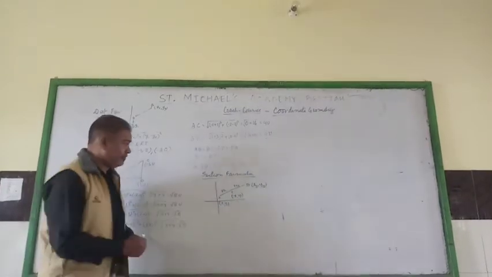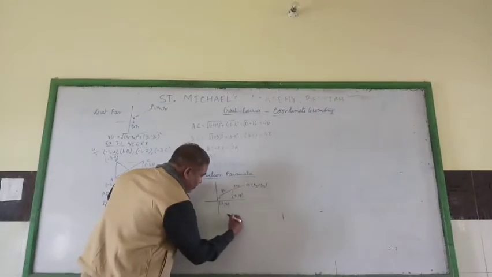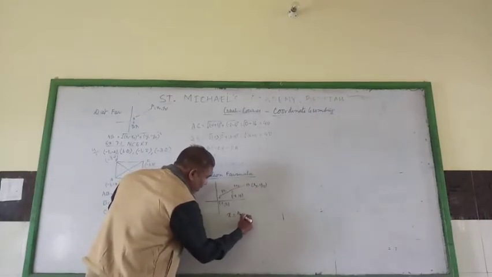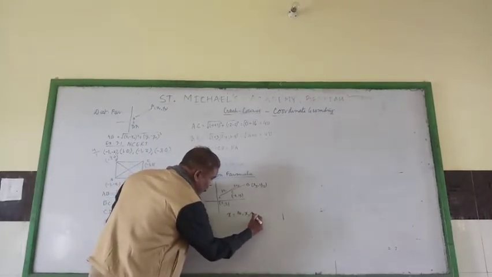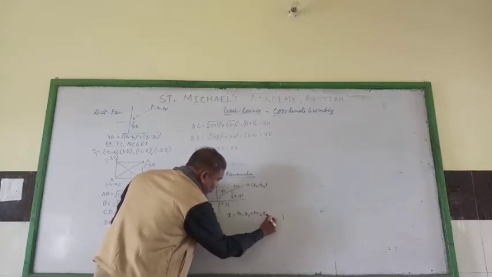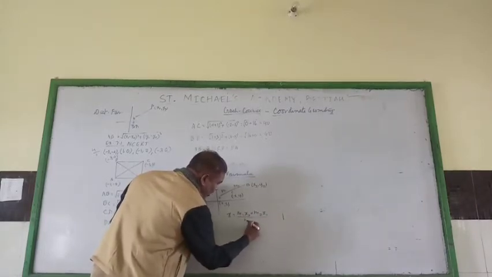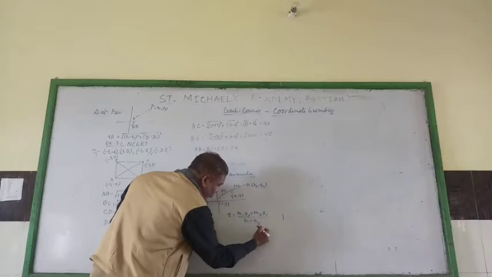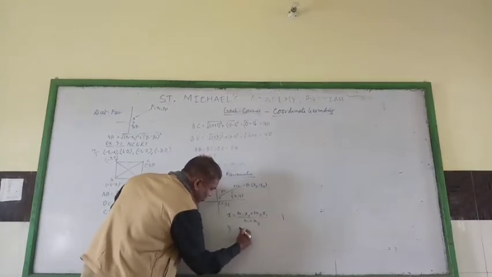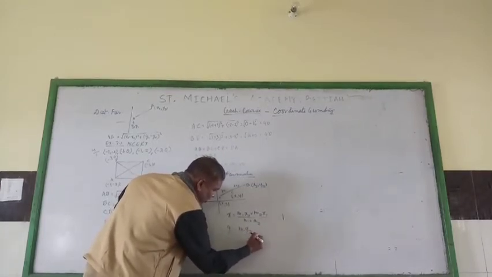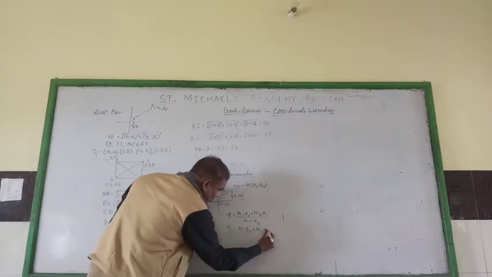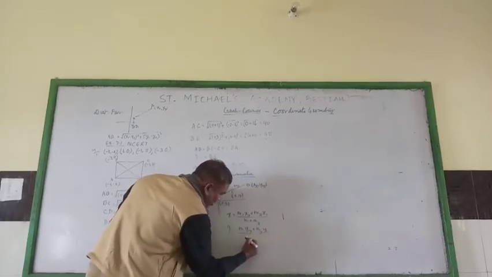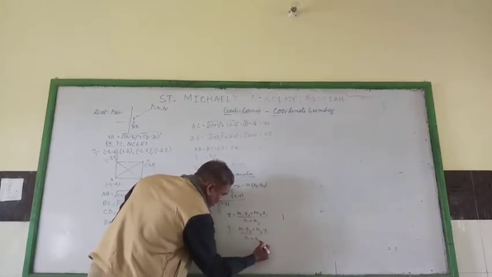Okay. So here the formula for x is equal to m1 x2 plus m2 x1 upon m1 plus m2, and formula for y is equal to m1 y2 plus m2 y1 upon m1 plus m2.